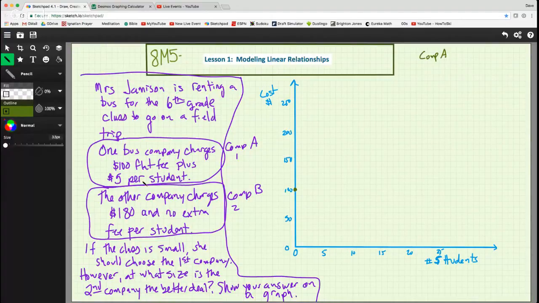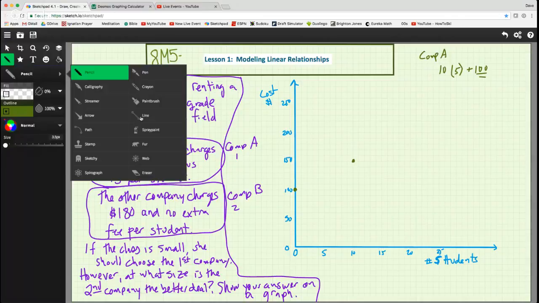So how many would 10 students cost? 10 times 5 is 50. 10 times 5 plus 100: a $100 flat fee plus $50 for the students. So 10 students would cost 150. And now we can graph that.